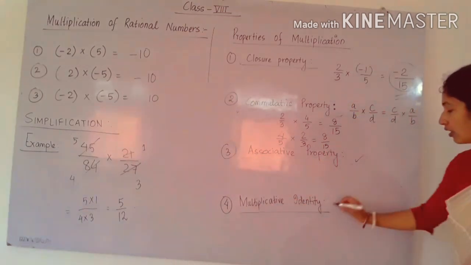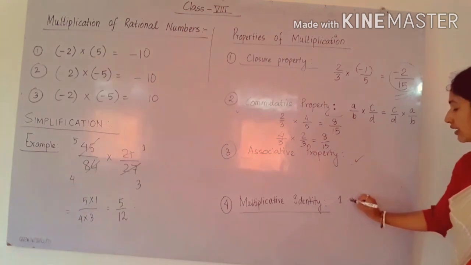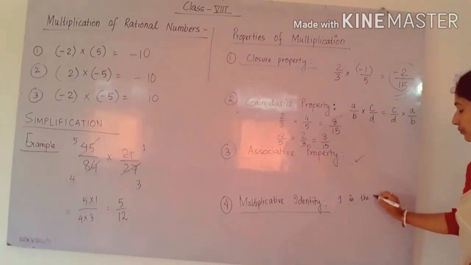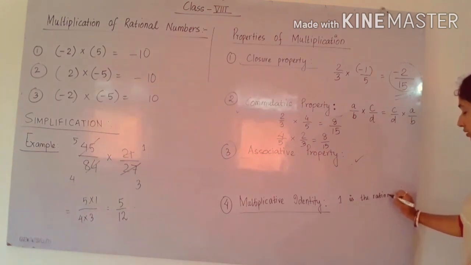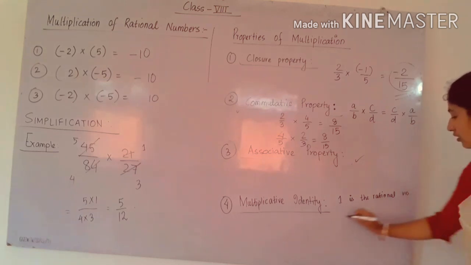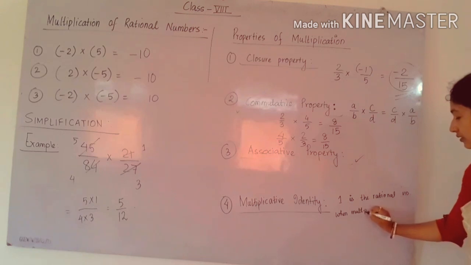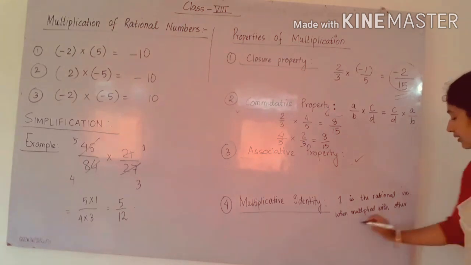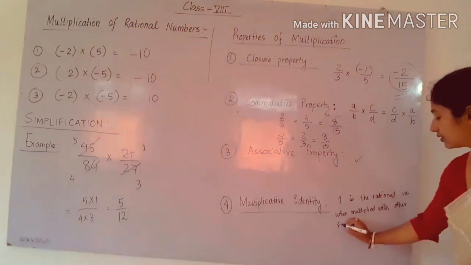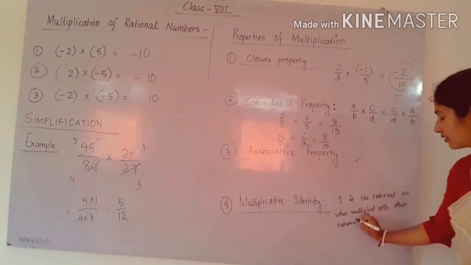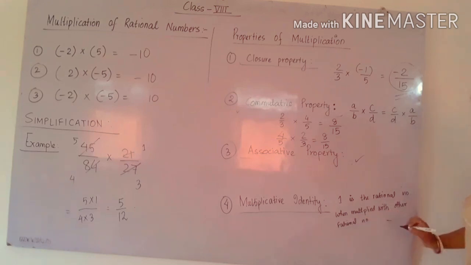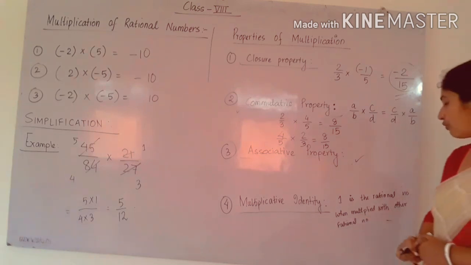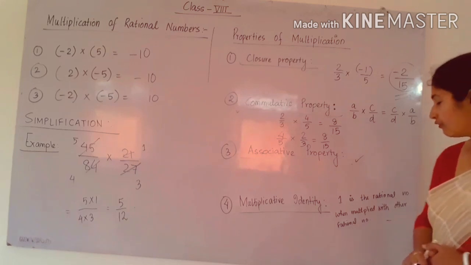The answer is 1. 1 is the rational number which, when multiplied with another rational number, gives us the rational number again. So 1 is called the multiplicative identity for rational numbers.